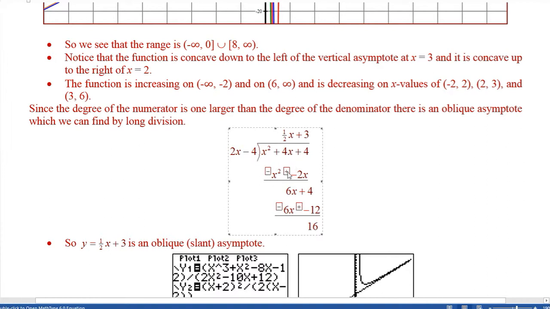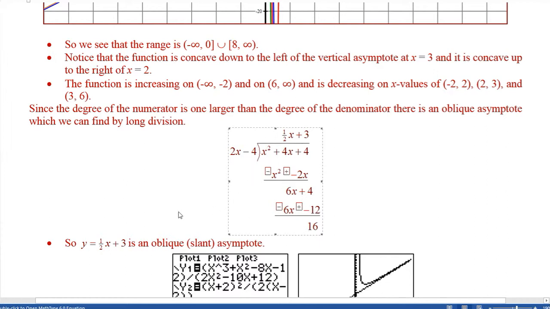Now 4x plus 2x is 6x, and still plus the 4 there. Now we take 6x divided by 2x, which is 3. 3 times 2x, of course, is 6x. And 3 times negative 4 is negative 12. Change the signs to negative positive, and when you add, the 6x and the minus 6x cancel. Positive 4 plus a positive 12 is a positive 16.